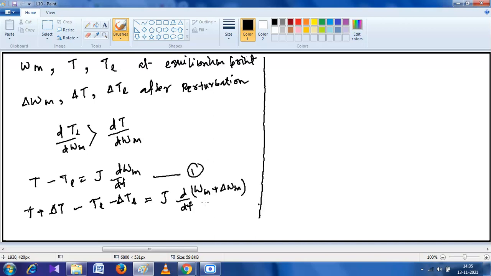This should be the equation after the small disturbance.